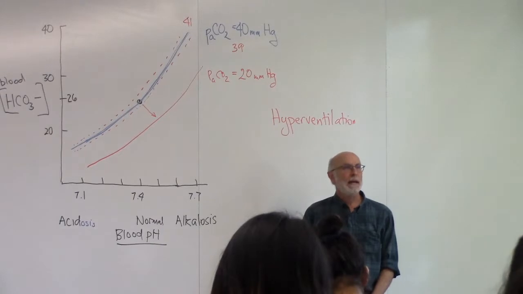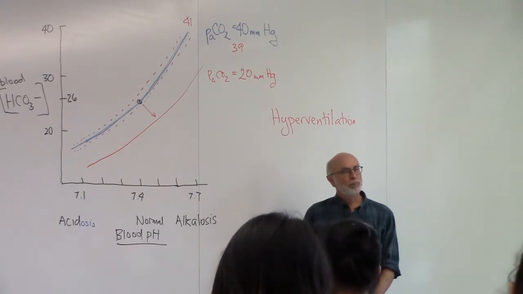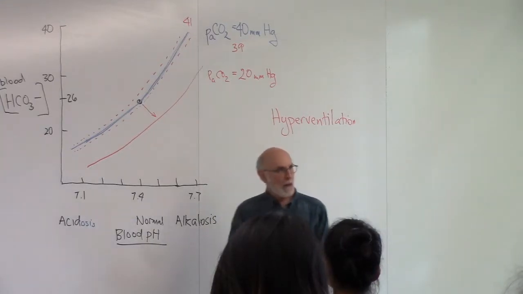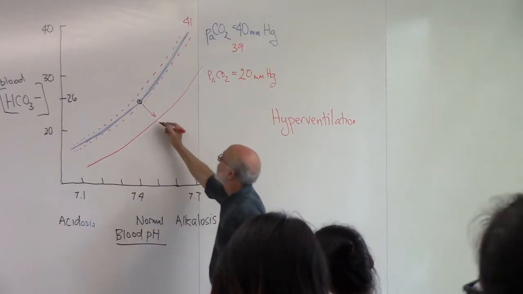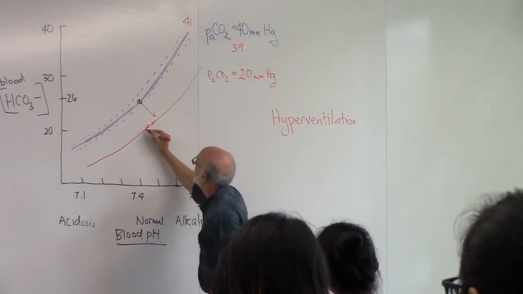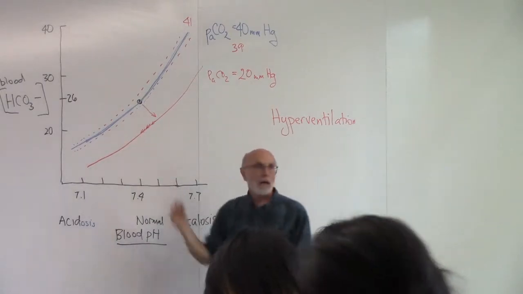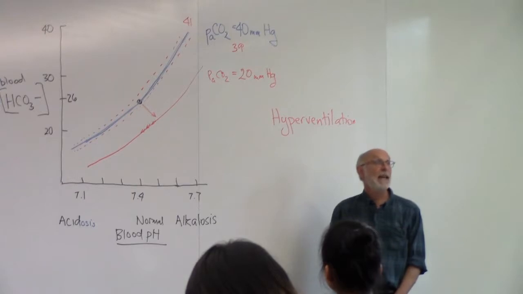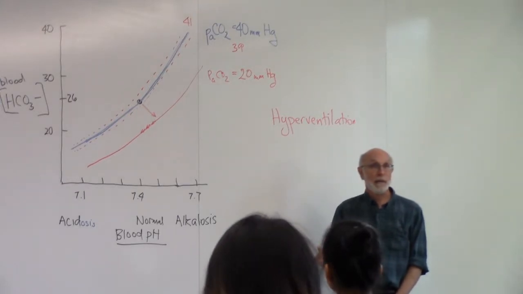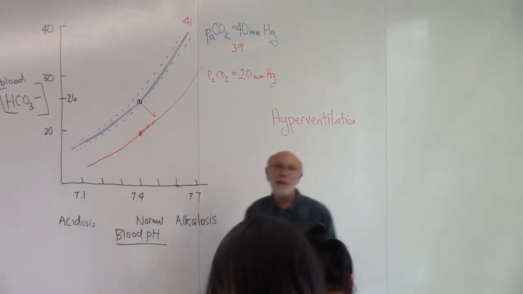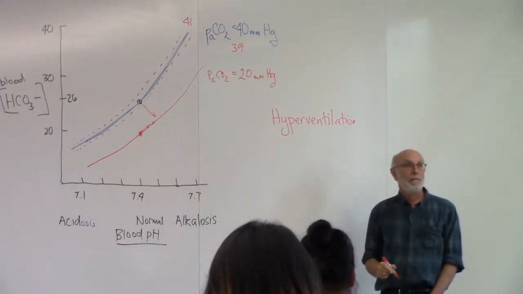You're hyperventilating. What can we do? Our body can lower bicarbonate. The kidneys can excrete bicarbonate in order to normalize the pH.